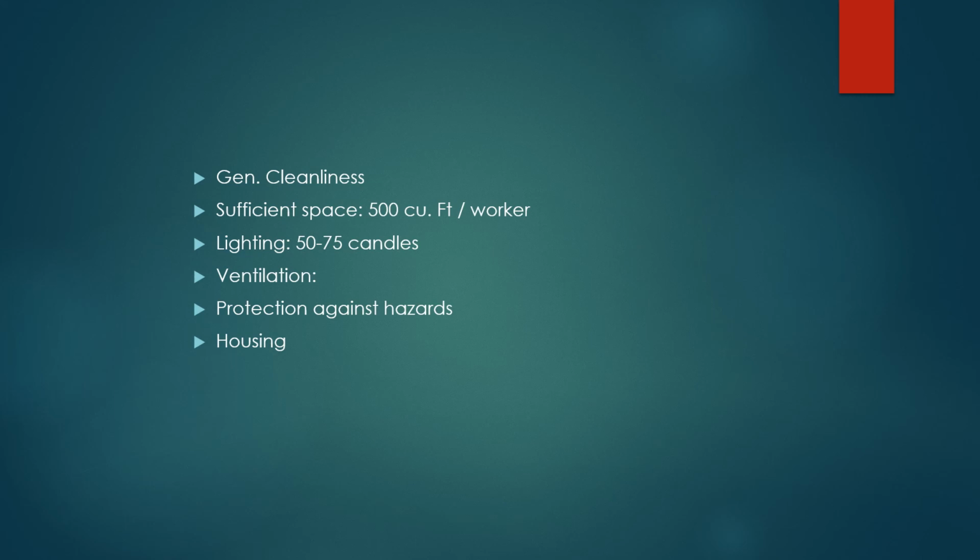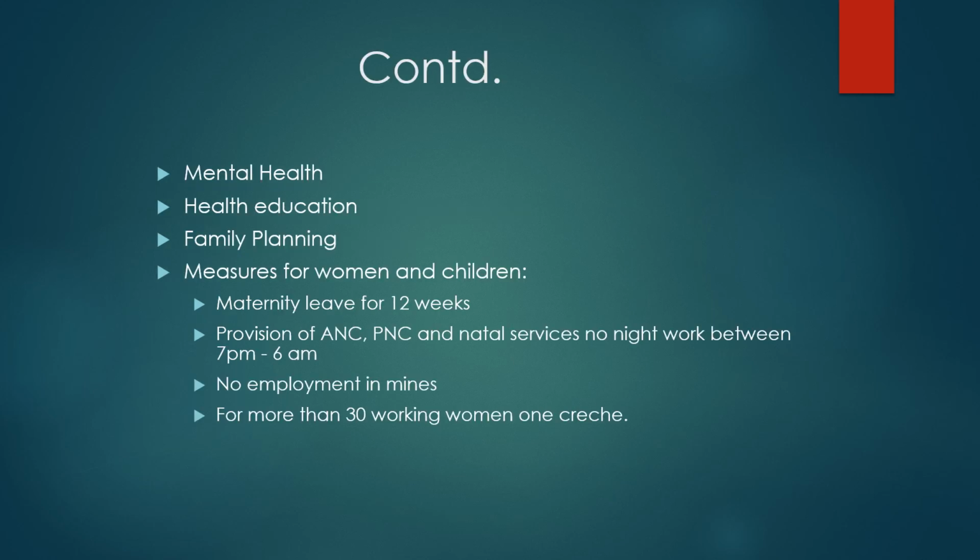And good housing. There should be good housing provided in the industrial area. They should not be allowed to create slums, which in turn lead to many insanitary problems. Mental health is also very important. Physical health is not the only thing; mental health and psychological stability are also very important.